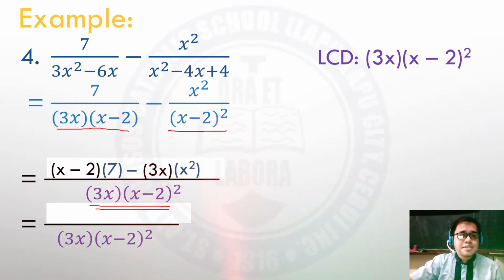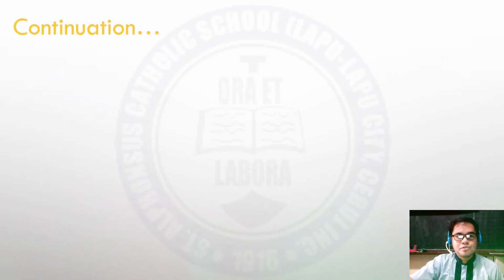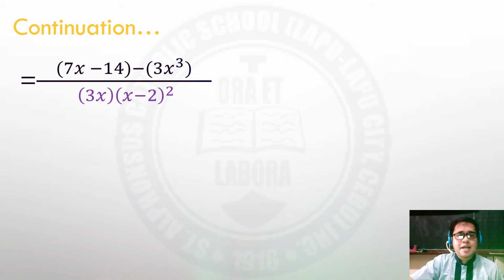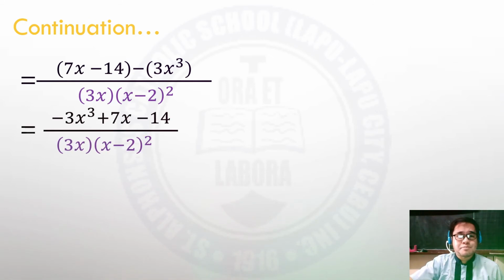So x times 7, the answer is 7x, negative 2 times 7, the answer is negative 14, or 7x minus 14, minus 3x times x squared, the answer is 3x cubed. If we have 7x minus 14 minus 3x cubed over 3x times the quantity of x minus 2 squared, you can have this arrangement.